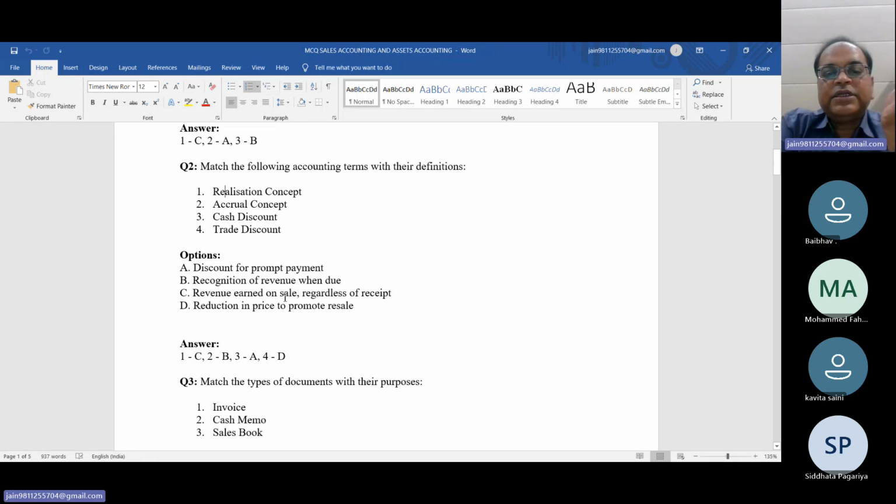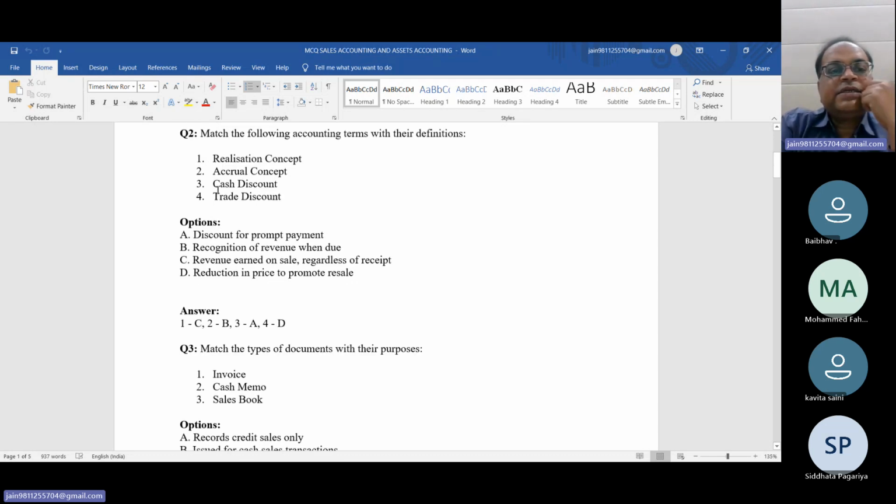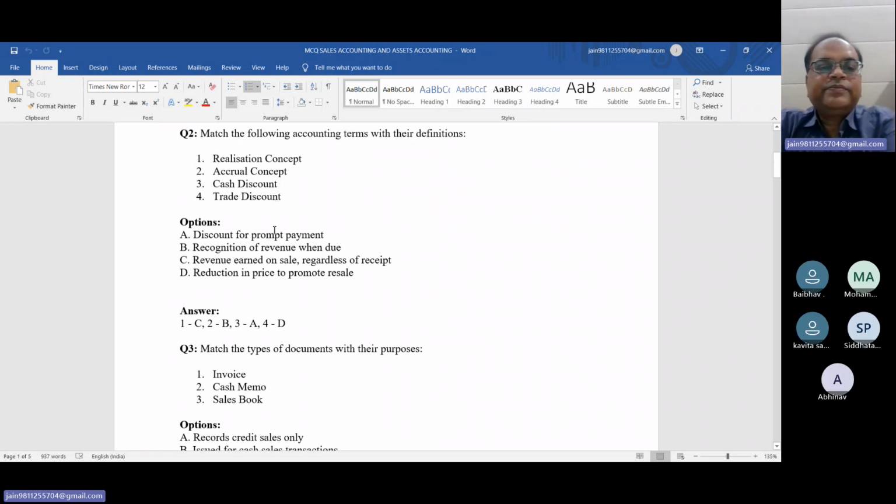And trade discount means reduction in the price to promote sales. So the correct answer is: first B, accrual concept second, recognition of revenue when sales, cash discount 3 A, and trade discount is 4.